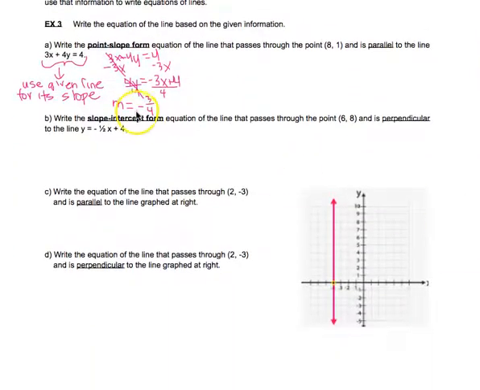So if this line has a slope of -3/4 and my line's parallel to it, that means that my line also has to have a slope of -3/4. Now, I know my slope, and I'm also given a point. This is my x1, y1 in point slope form. So now I just need to plug these in.